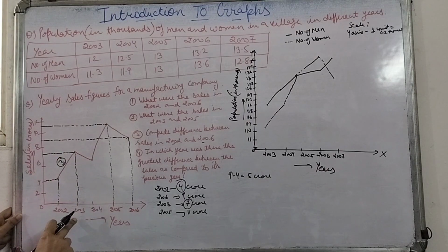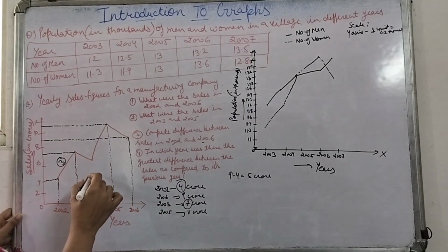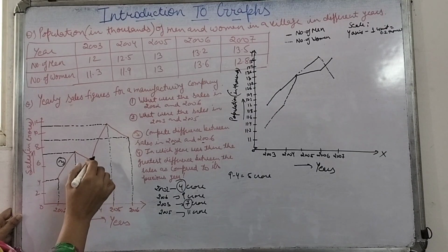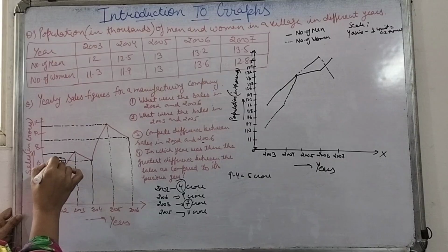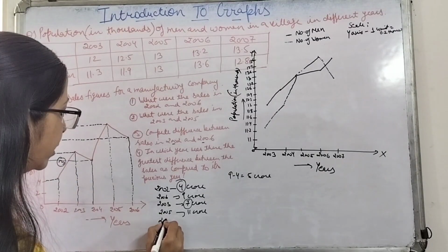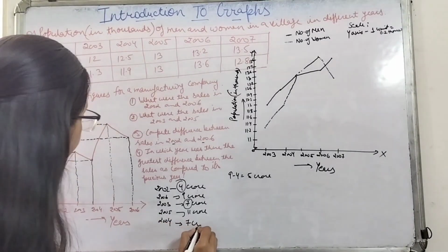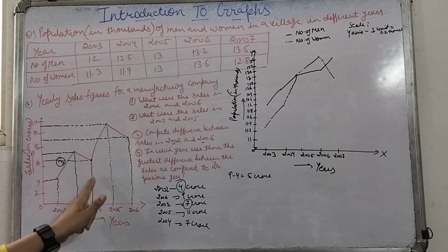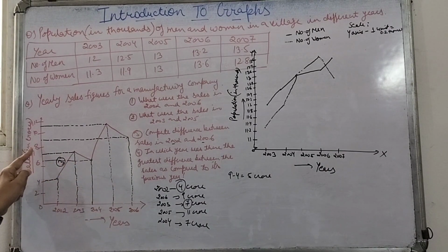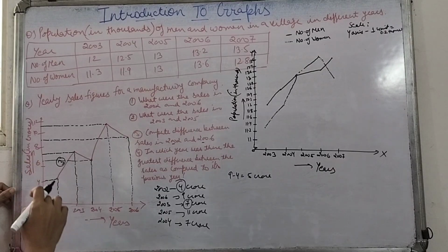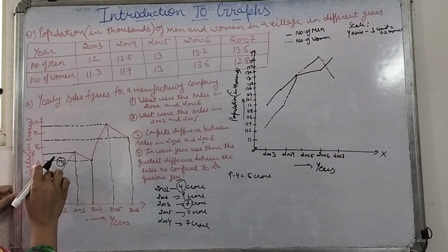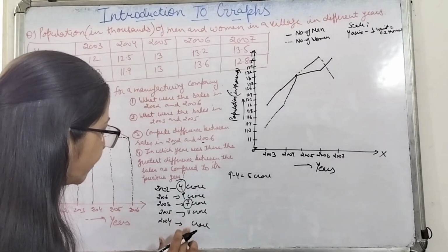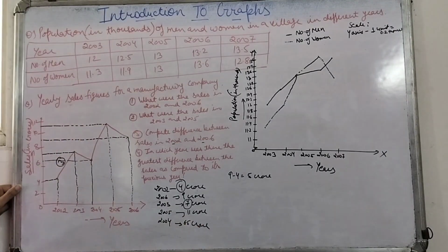From 2003 to 2004 we have not computed, so we will calculate it for 2004 too. We have made the vertical line, then from here we will make a horizontal line. For 2004, it is not exactly in between, it is somewhere like here, because 7 is here, so it will be around 6.5.